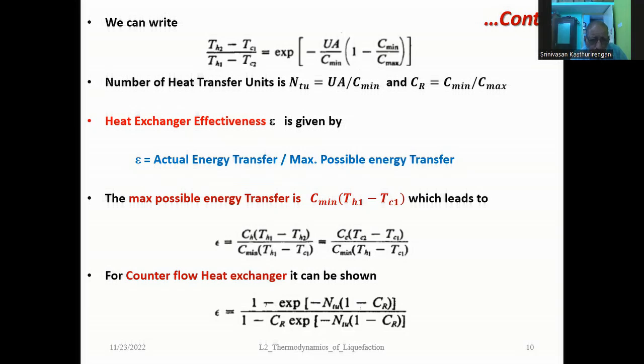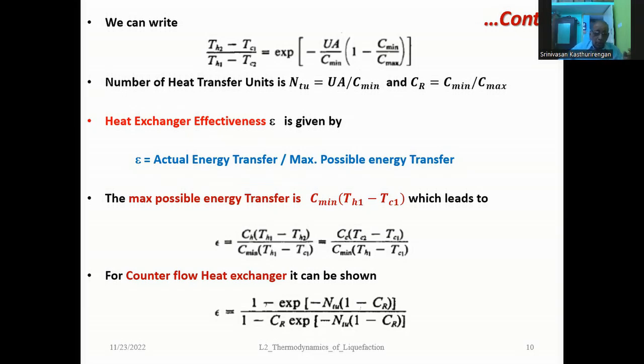So now we have to estimate what is the heat exchanger effectiveness. It is given by the relation: the actual energy transfer that is happening to the maximum possible energy transfer that can happen in a heat exchanger. Now let's look at the maximum possible heat transfer. It will be Cmin multiplied by (Th1 minus Tc1).